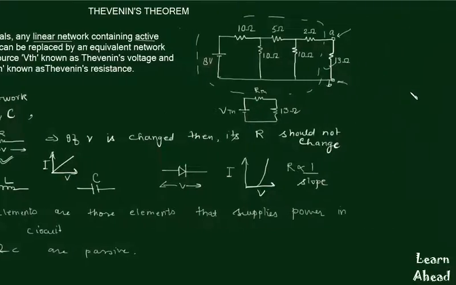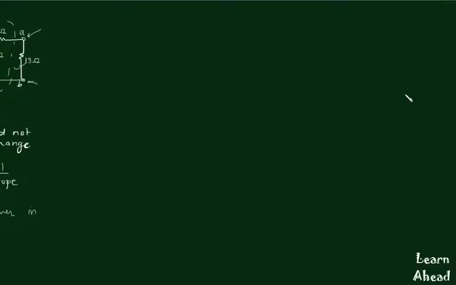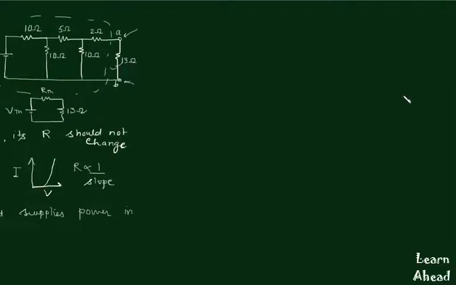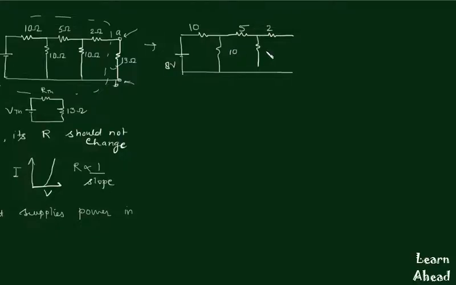Now let's understand how we have to find VTH and RTH. To find VTH, we have to remove the load from the terminals and find open circuit voltage across the terminals. So this circuit will be like this.